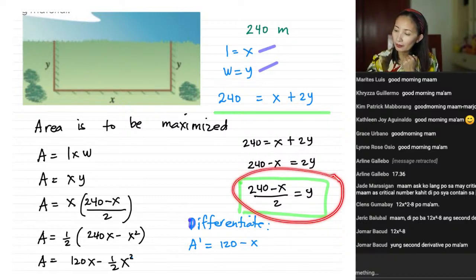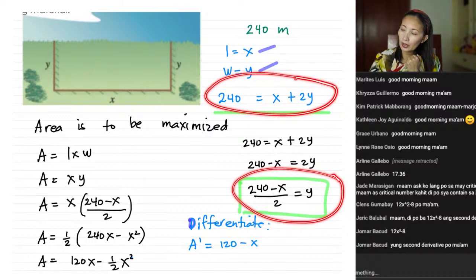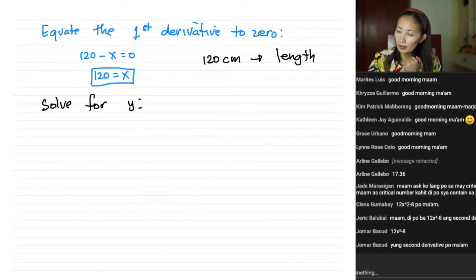Or from the given, 240 is equal to 2y plus x.